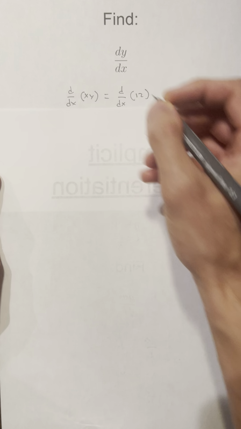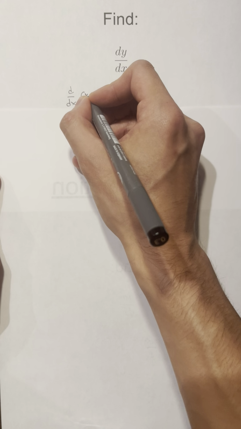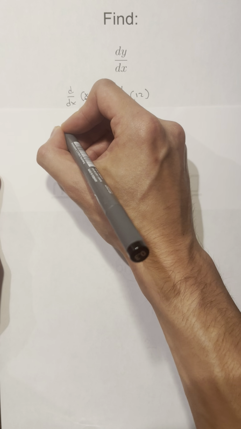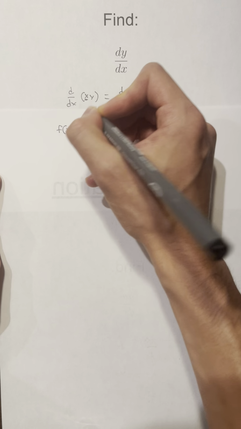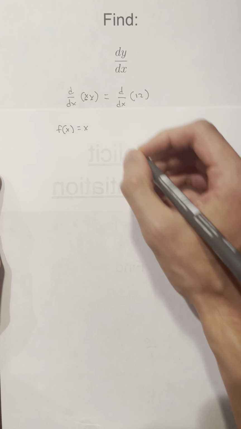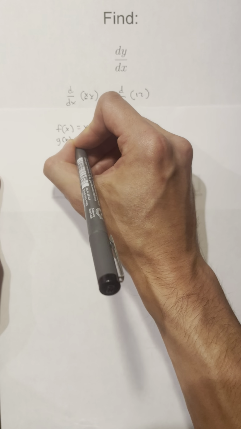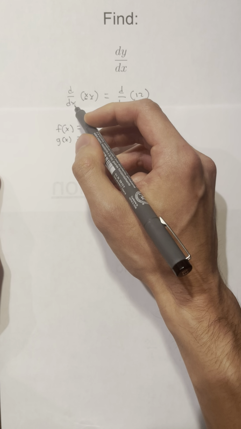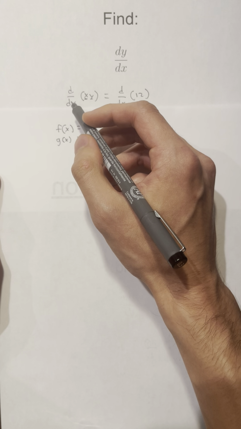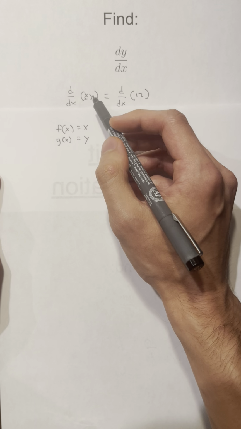So how is this product rule? Well, we can think of this as a function. So we'll say f of x is equal to x. And we'll think of this as a function as well. So g of x is equal to y. Now, I want to find d/dx of f of x times g of x.